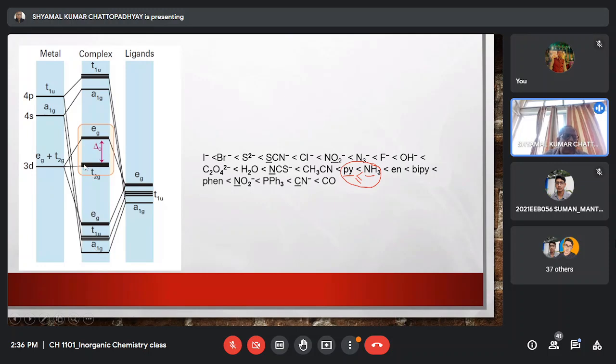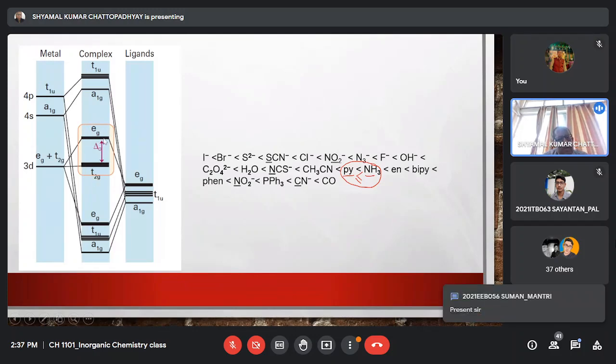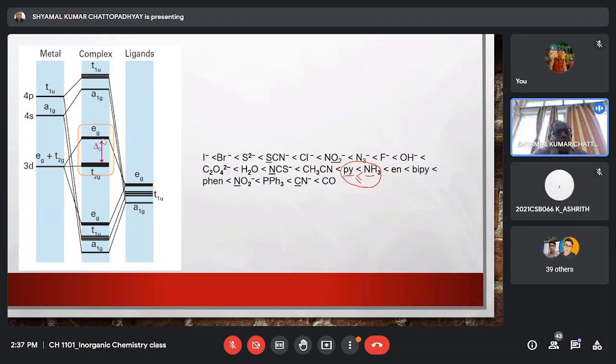A T2g orbital will contain electrons depending on how many electrons in the 3d orbitals are there, and there may be electrons in the Eg star orbital or not. So this energy gap in terms of molecular orbital theory, the energy gap between the non-bonding T2g orbital and anti-bonding Eg orbital is your crystal field splitting.